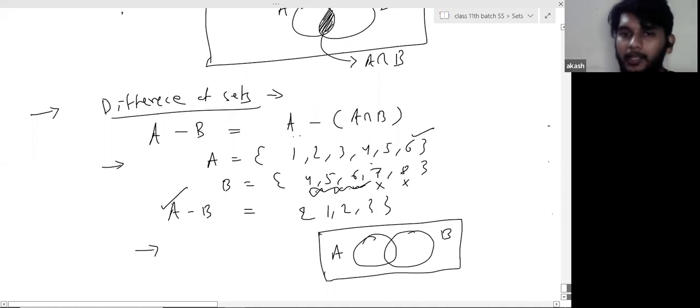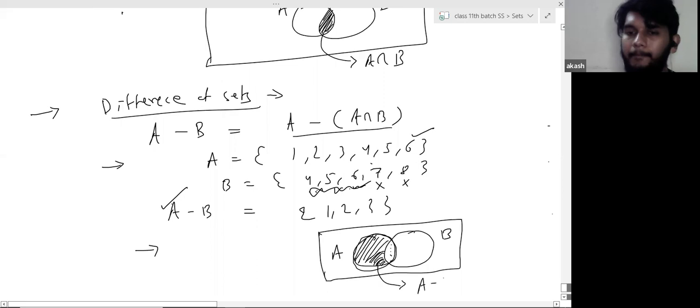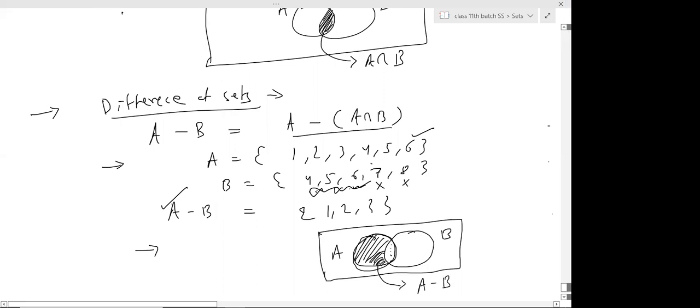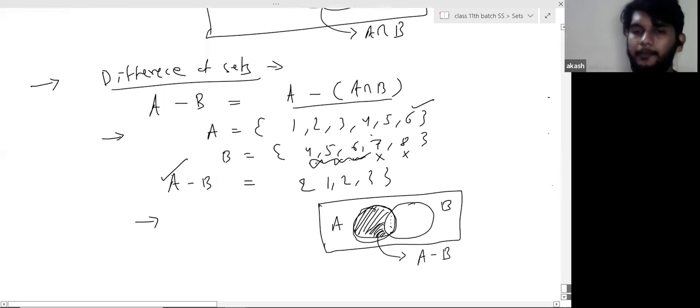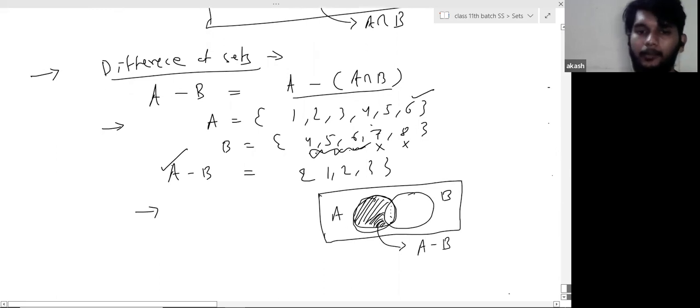So in the formula we write A minus A intersection B. That means this circle here is A and this middle part is occupied by B also. So the only area here is this one. Am I clear here? Yes, sir. So this is A minus B. You can note it down.